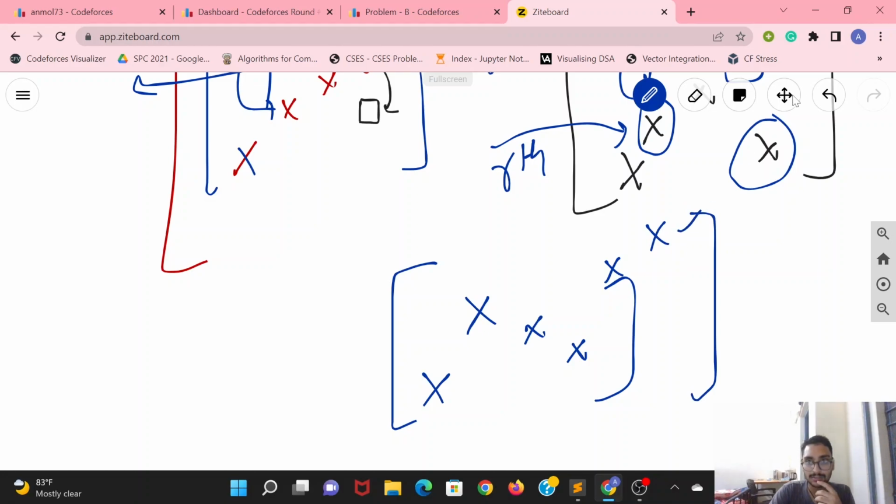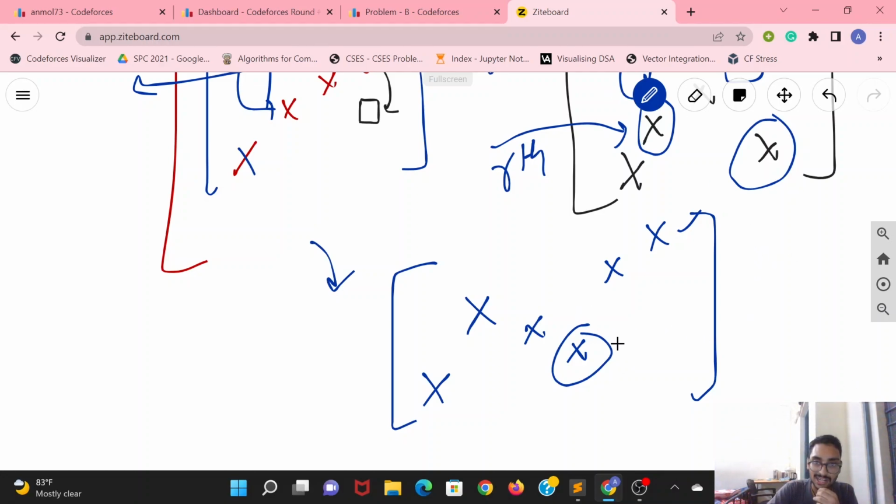This will keep extending. Okay. Now you observe r comma c also has an x in it, and our initial proposition that every row needs to have one x and every column needs to have one x is also satisfied. Now if you repeat this pattern n by k times, our work is done. So that is basically how to solve the problem.